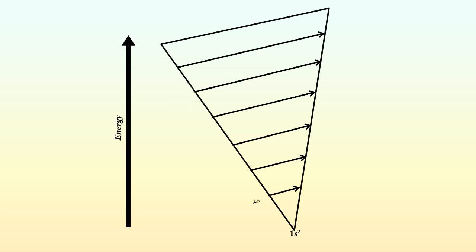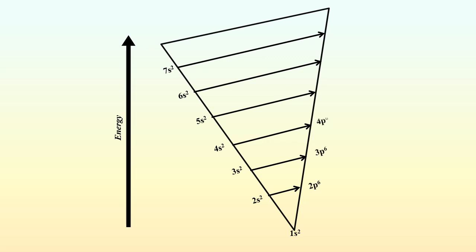Okay friends, for writing electronic configuration there are many different ways, but here we use a triangle method. It is an energy level diagram, and it's very easy to draw. First draw a triangle and then arrows, 6 lines from left to right, with all s orbitals on the left side and p orbitals on the right side.